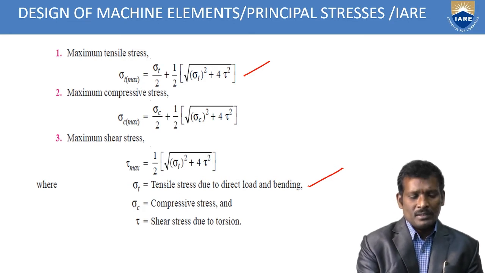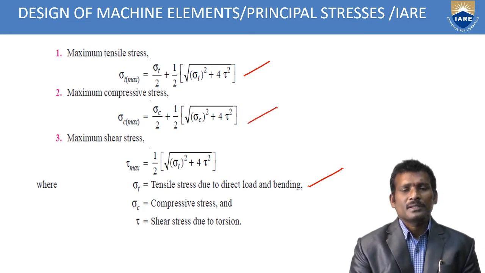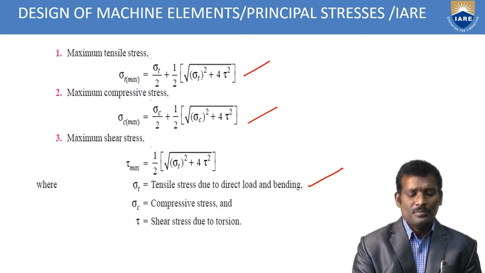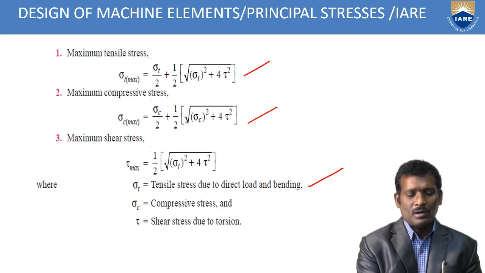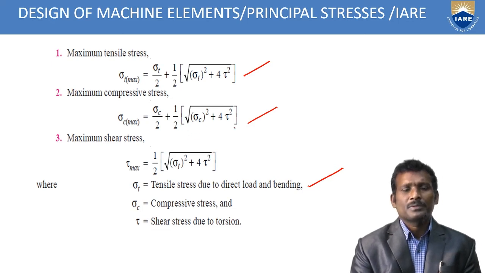The second one is maximum compressive stress. Here the component is subjected to direct compressive stress or compressive load. So sigma c by 2 plus half multiplied with square root of sigma c square plus 4 tau square. Here sigma c is compressive stress.